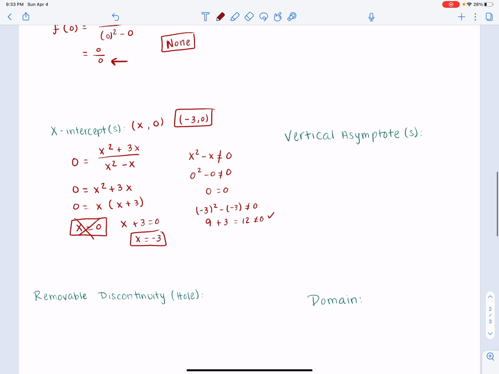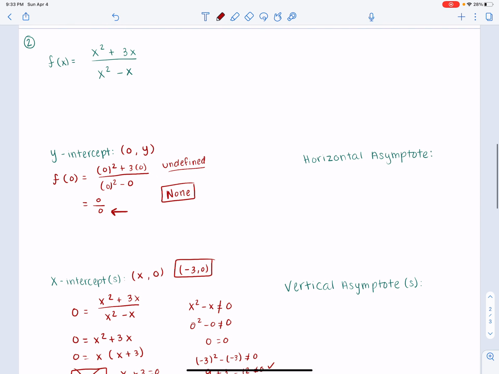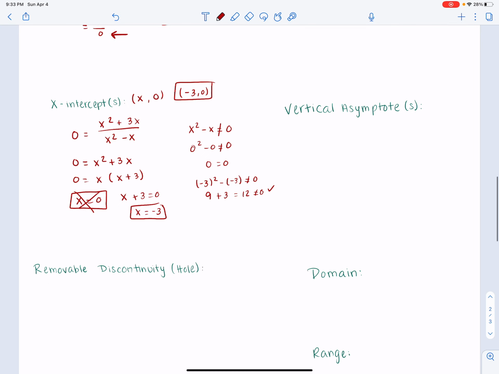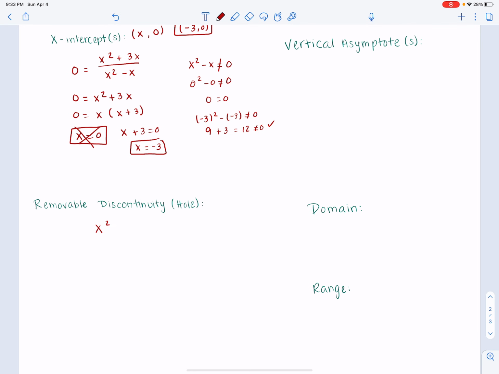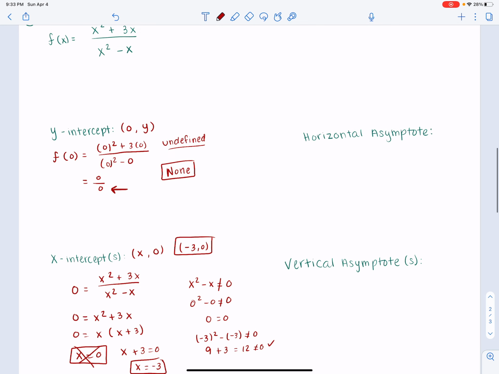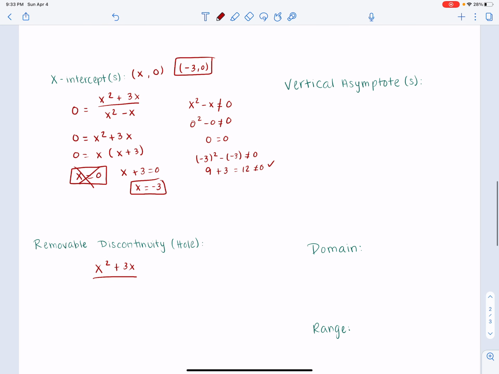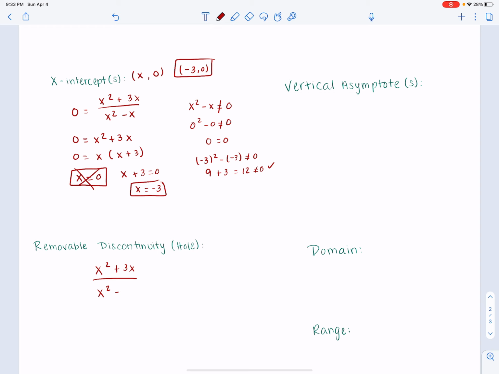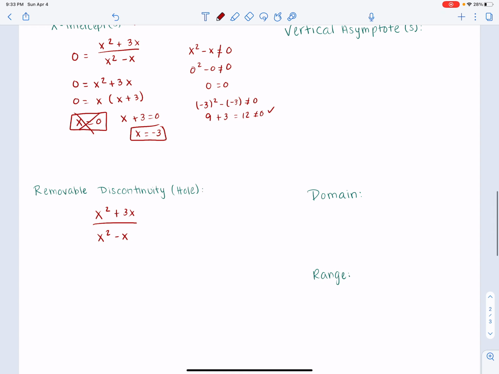Okay, removable discontinuity. So we need to see if there are any holes. So I'm going to take my original equation, x squared plus 3x over x squared minus x. And I'm going to factor both the top and the bottom. So my numerator factors to x times x plus 3.